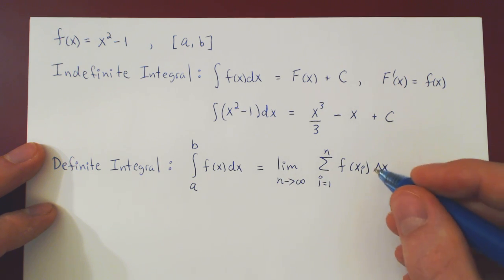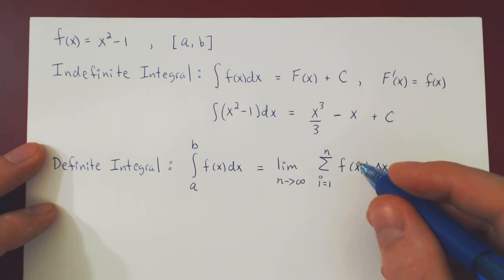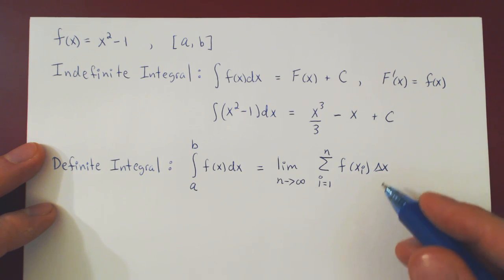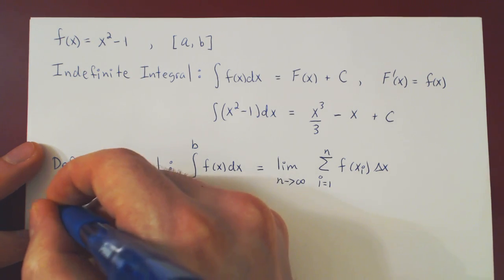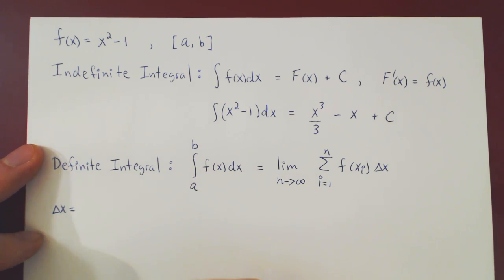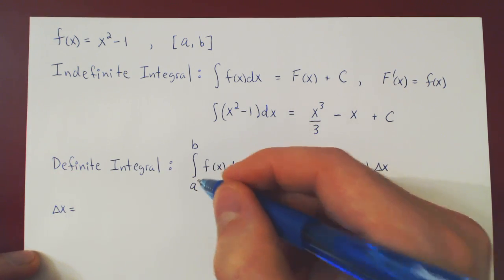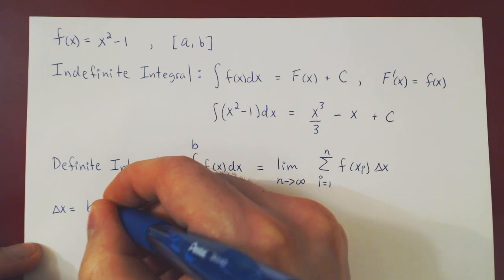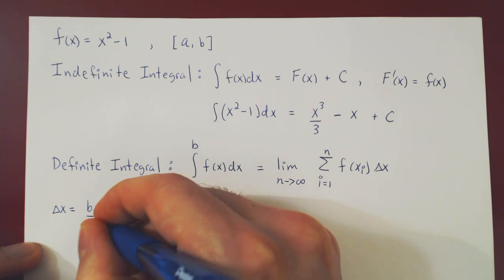Quick reminder as to how we calculate delta x and xi. Delta x is the width of the interval. So we have an interval of length b minus a. And we divide this interval into n equal parts.